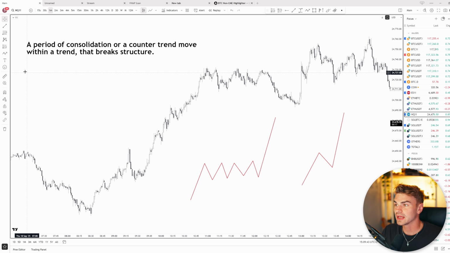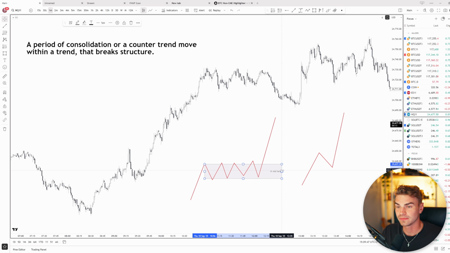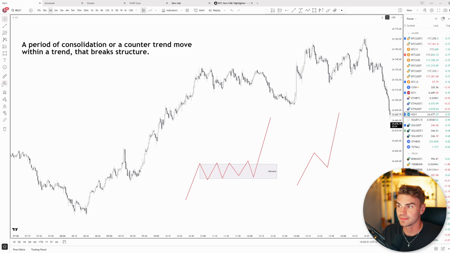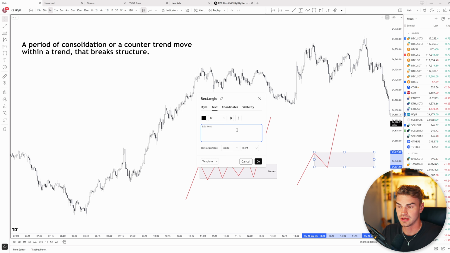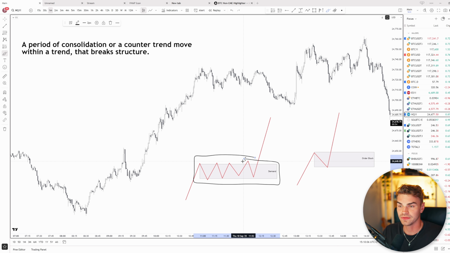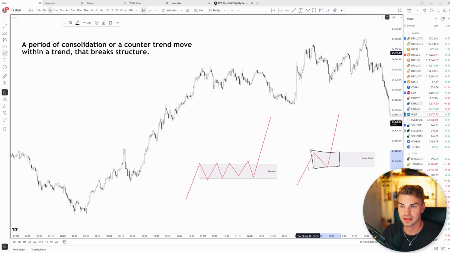If you really want to get nitpicky with it, in daily talk I would probably call this demand, and I would call this an order block if we have to be extremely specific. But just to be clear, to me, it's the same thing. I use them the same way, because this period of consolidation, if you zoom out to a bigger time frame, is going to look like this, right? So it's the same thing.